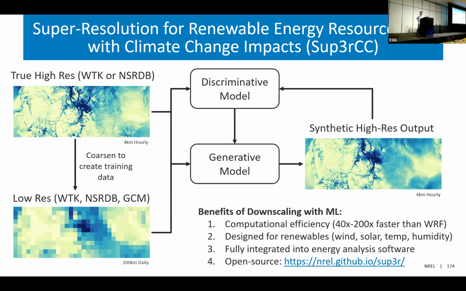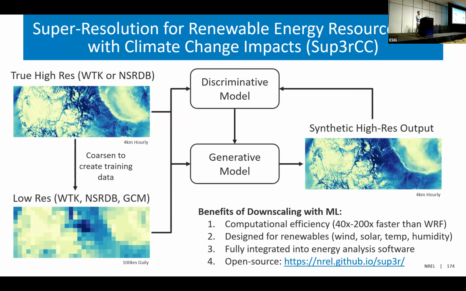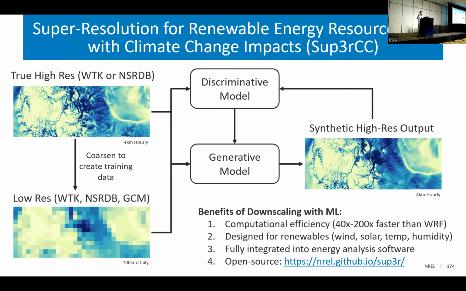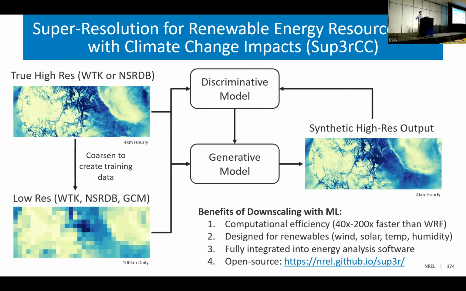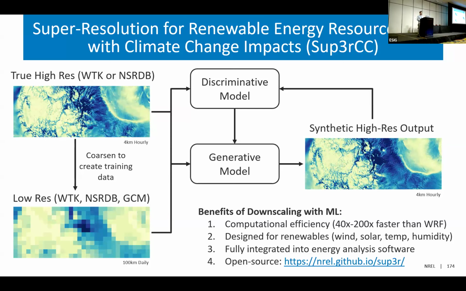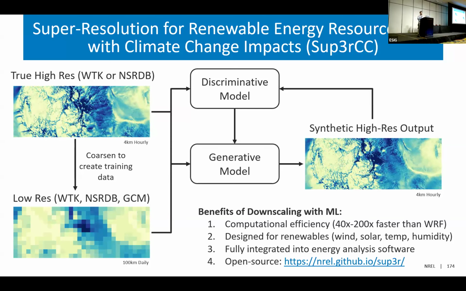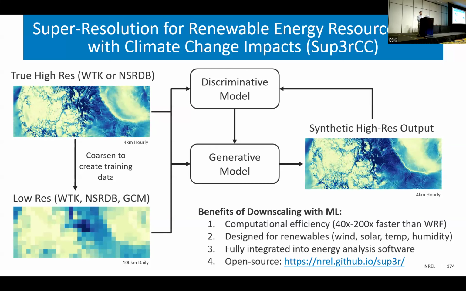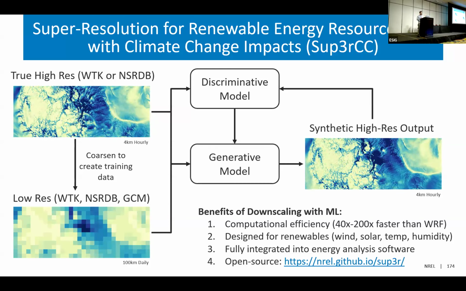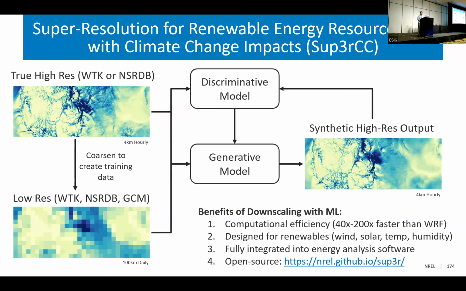So what's happening here is we have this low resolution data here on the bottom left, and it feeds into a generative model. You can kind of think of it like ChatGPT getting a prompt, and it produces this really high resolution realization here on the right-hand side that's basically indistinguishable from the quote-unquote true high resolution, which in this case is a numerical weather model here on the top left.